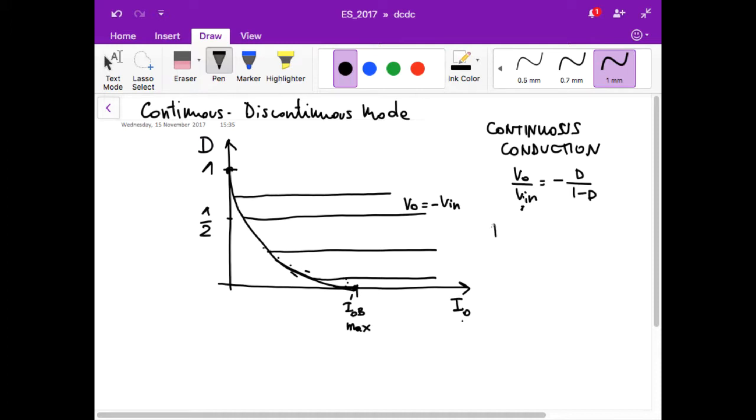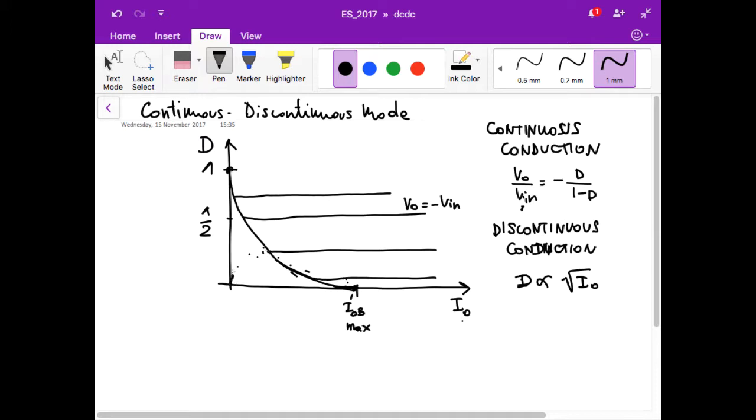In discontinuous conduction, except for the precise expression, the important thing is that D is proportional to the square root of IO. And also, the other thing that I need to consider is that of course, at the boundary between continuous and discontinuous conduction, the lines corresponding to the same VO or V in must be connected.